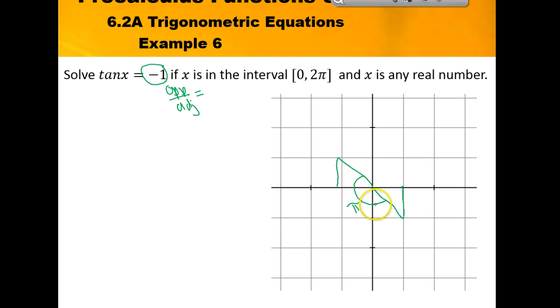So these are pi apart. And remember the period for tangent is pi. So instead of saying plus 2 pi n, I get to say plus pi n.